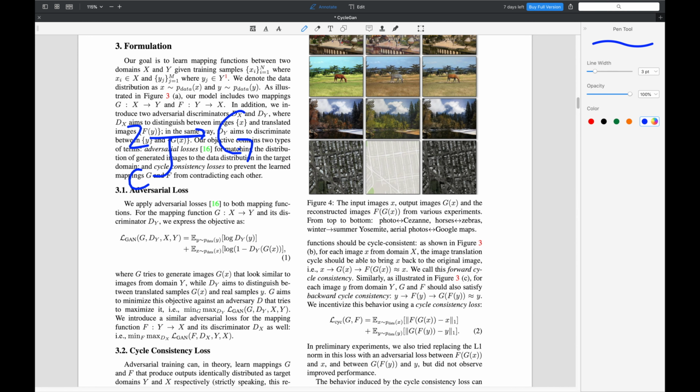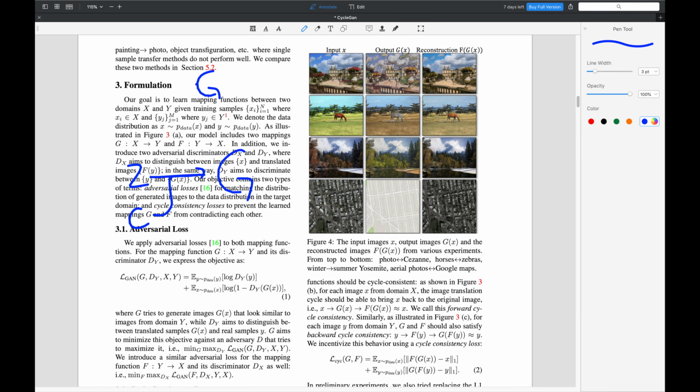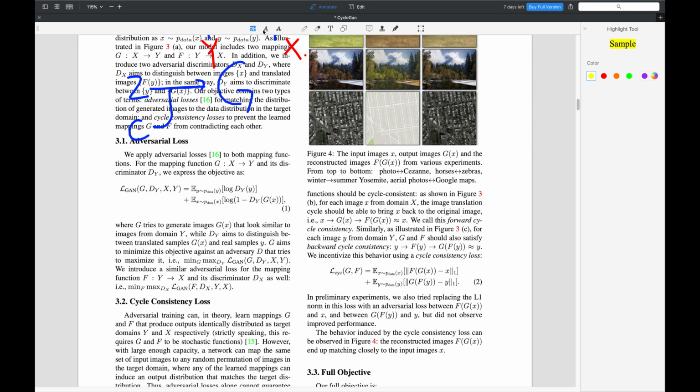So that's the conditional GAN, and CycleGAN also adopts this conditional GAN as a component to make sure that G and F generate images that look like they're from domain Y and from domain X, respectively. And since there are two generators, G and F, there need to be two adversarial losses as well.